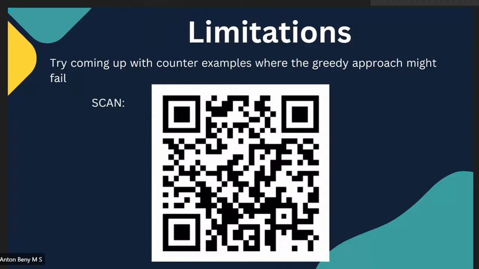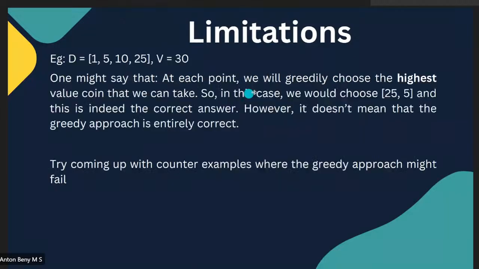Keep in mind you have to find the cases where this greedy approach that we discussed would fail. We discussed that we'll just choose the highest value coin. You need to see if there are test cases in those options which would not work with the given approach.